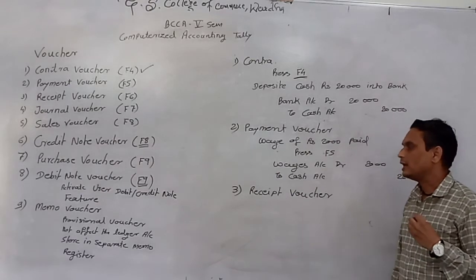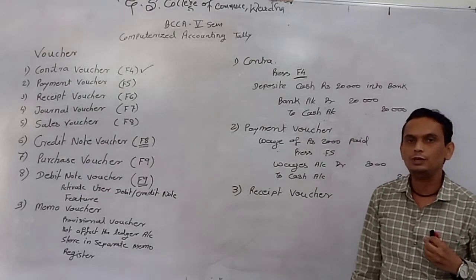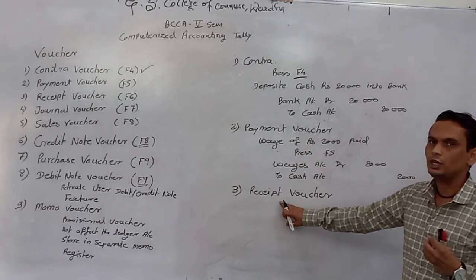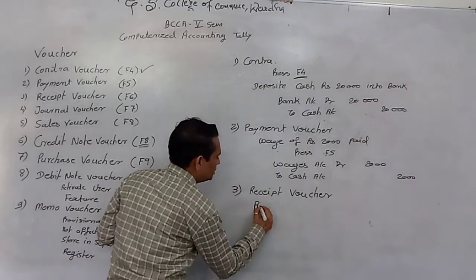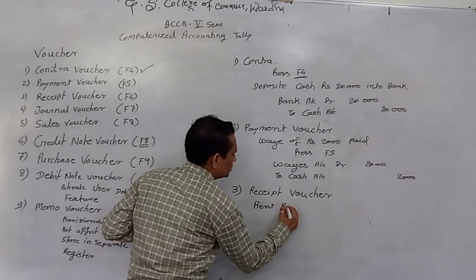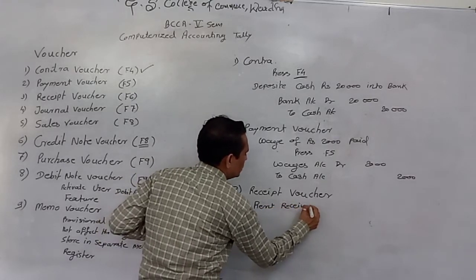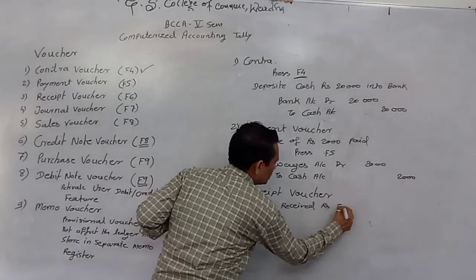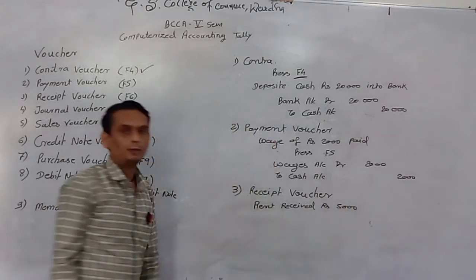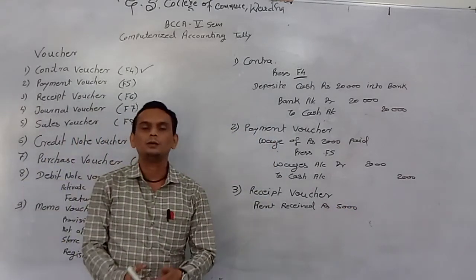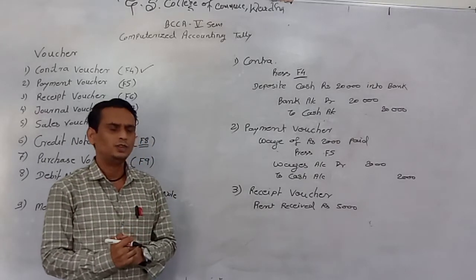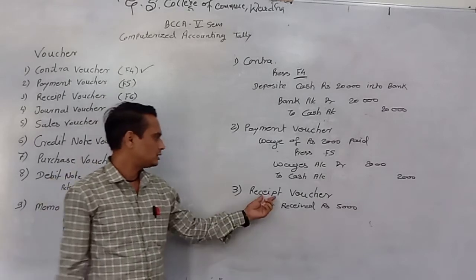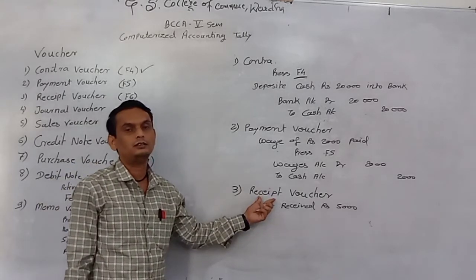That time that transaction will be made in a receipt voucher. For example, rent received rupees 5,000. This type of entry where some cash comes into the business is called a receipt.